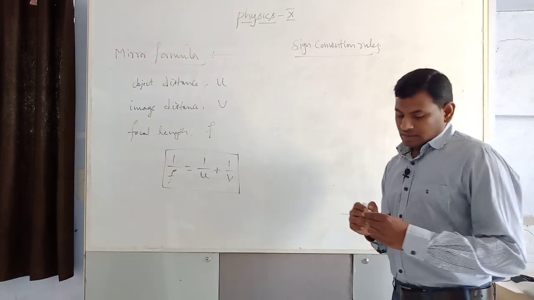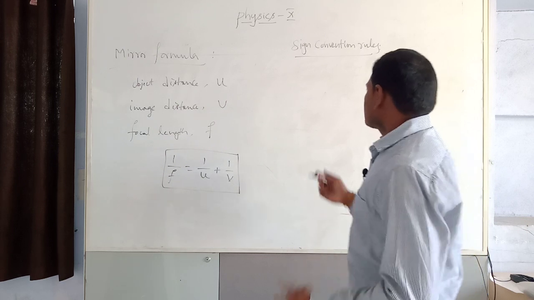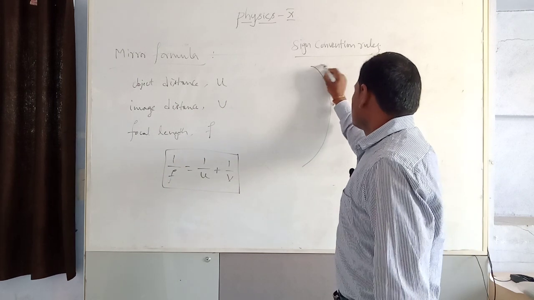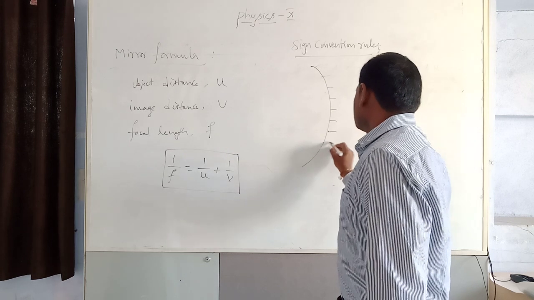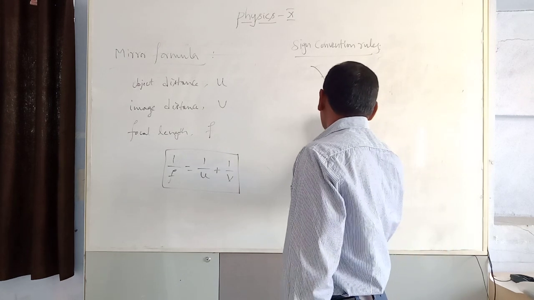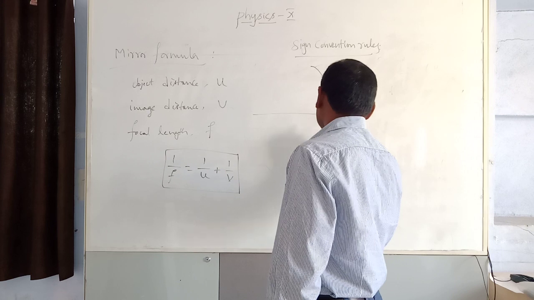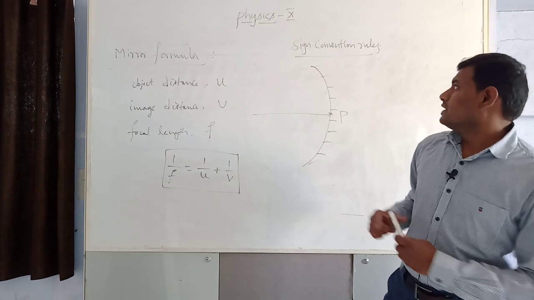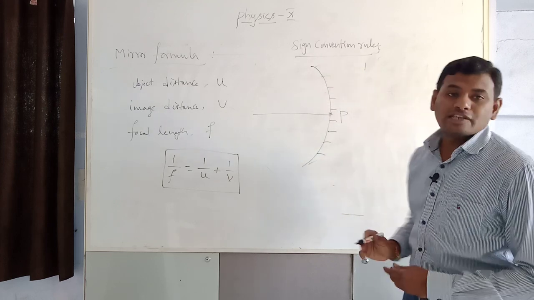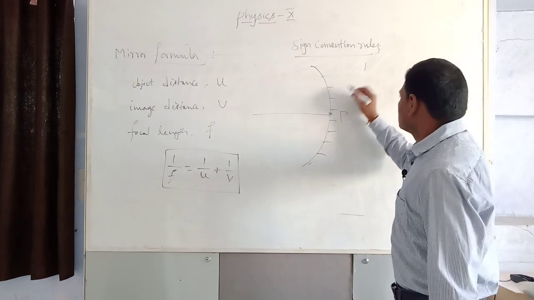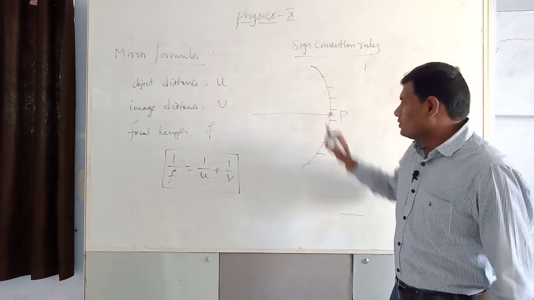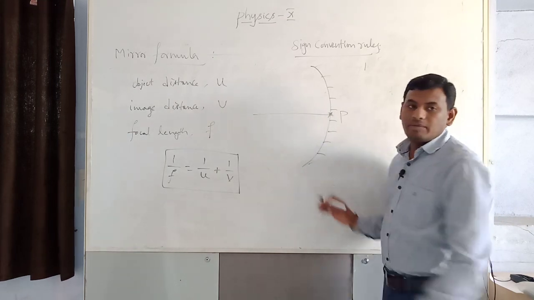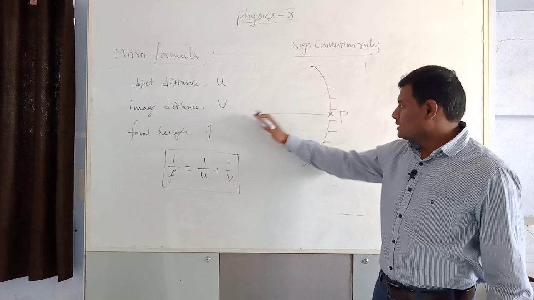Sign convention rules. Let us consider this as a concave mirror, pole, and this the principal axis. The first rule is that all the measurements have to be taken from the pole. That means we take this as the reference point, and from this point we measure whether the object is on this side or this side.